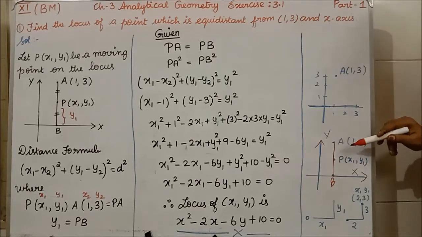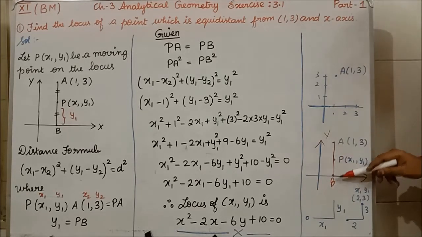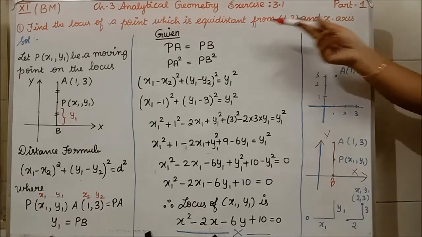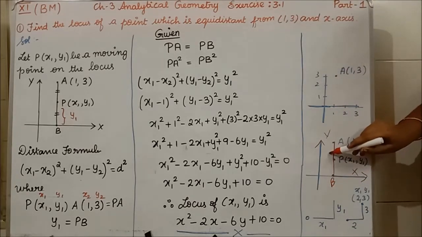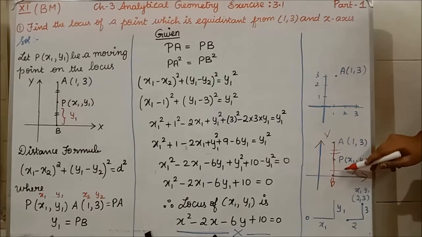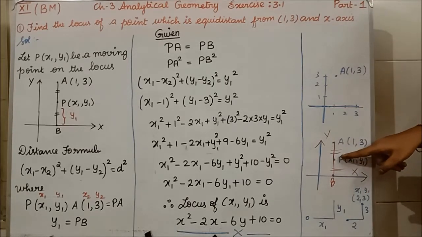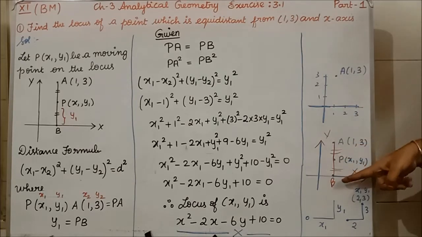Now PA is equal to PB because they have given equidistance. The point you are taking should be equidistant from the point (1, 3) as well as from the x-axis. To represent equal, I am writing a double line. So PA is equal to PB.